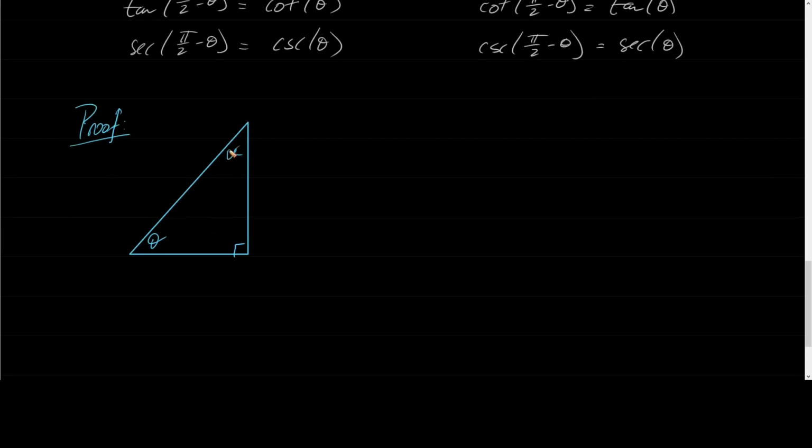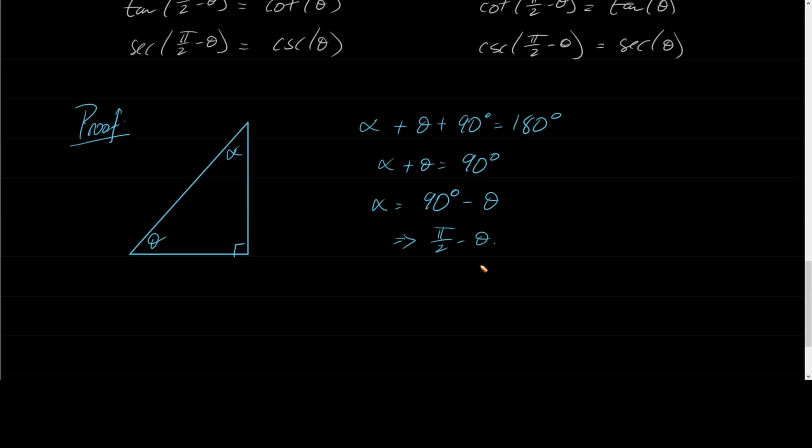In here, we know that alpha plus theta plus the 90-degree angle is equal to 180 degrees, which implies that alpha plus theta is simply equal to 90 degrees. So alpha would be 90 minus theta. In radians, this would be pi over 2 minus theta. So that means that this angle over here is pi over 2 minus theta.